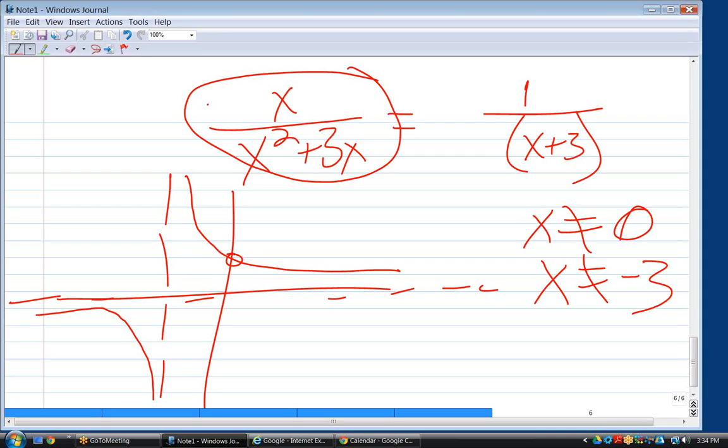But the difference between a hole and a vertical asymptote is just this. In other words, if I did not factor out the x and I left it like this, then it looks like 0 is a vertical asymptote. But 0 really is not a vertical asymptote. Once I divide top and bottom by x, 0 becomes a hole, not a vertical asymptote. So it actually makes a significant difference in the appearance of the graph.